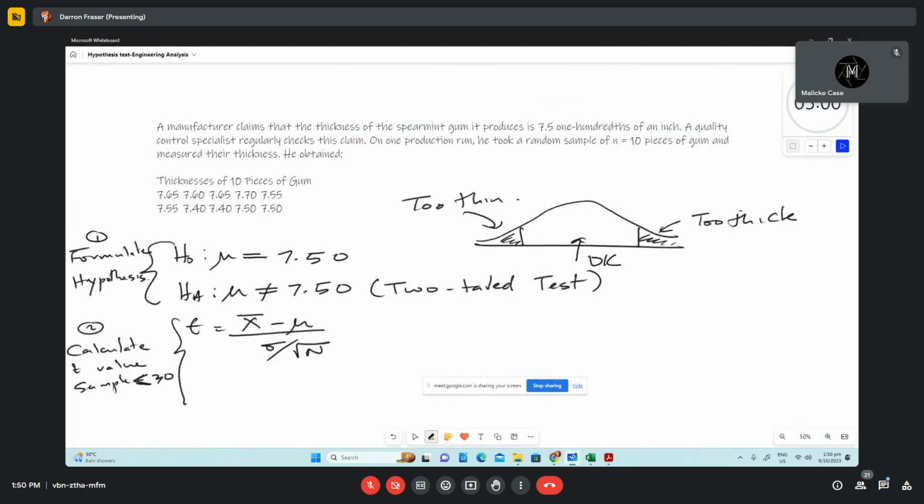So x bar equals 7.55 and the standard deviation is 0.102.